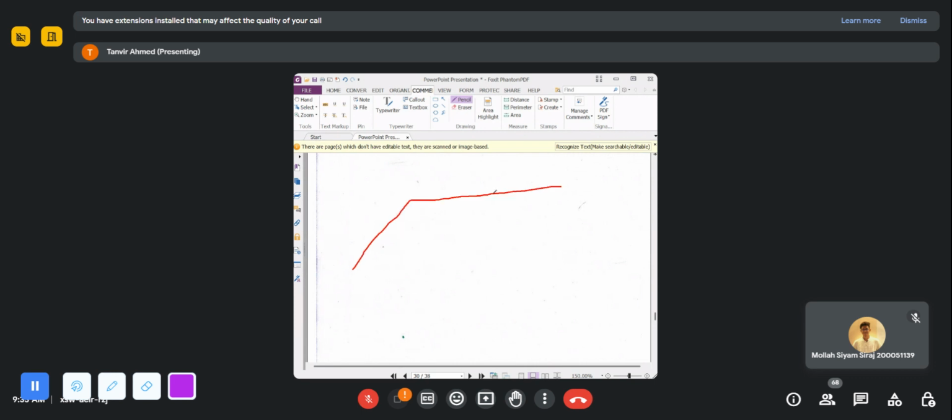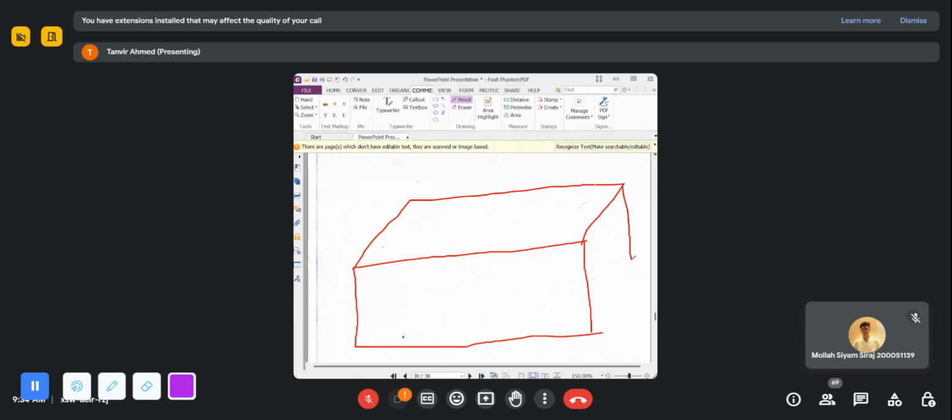So this is a beam, okay? Part of a beam. Okay, now you have a stirrup here.